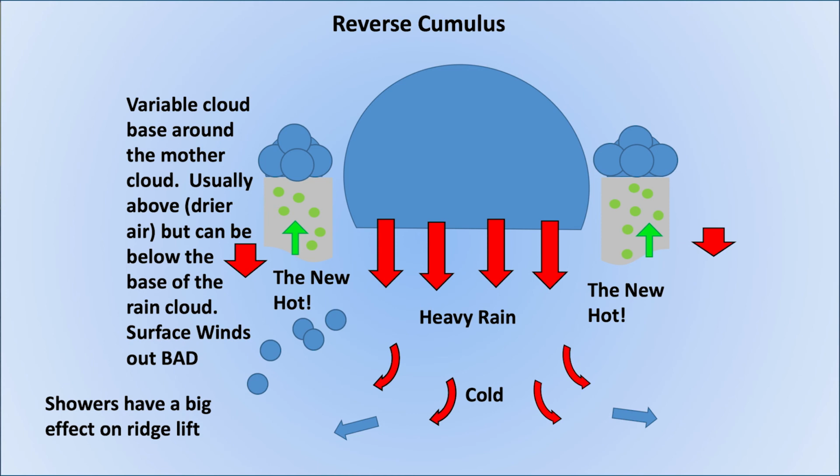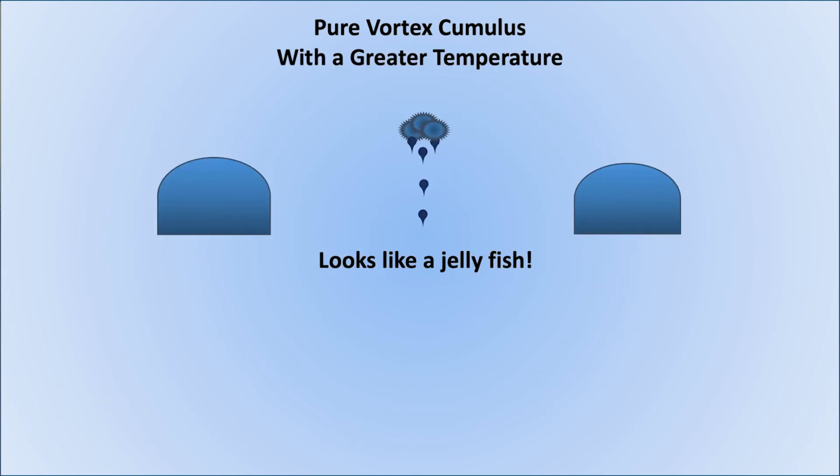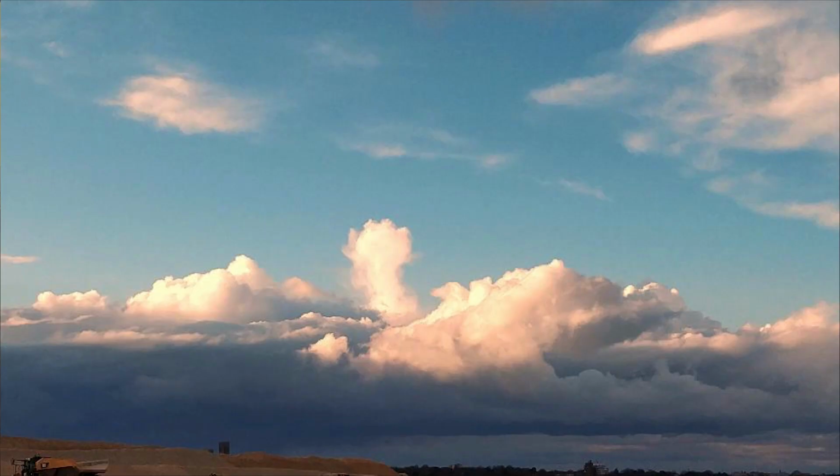Showers have a big effect on ridge lift, and these are very effective on and common over flat ground, but the hills destroy this structure lower down. You sometimes get a pure, strong vortex cumulus with a greater temperature. And the cloud that it forms is a little bit like a jellyfish.